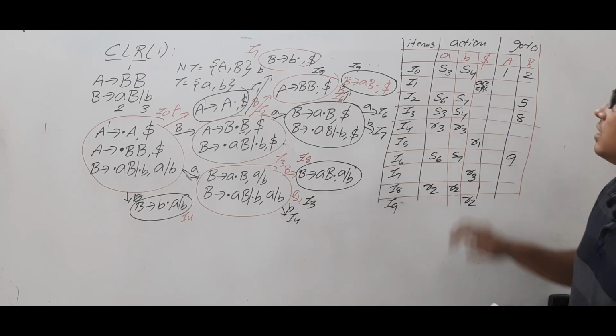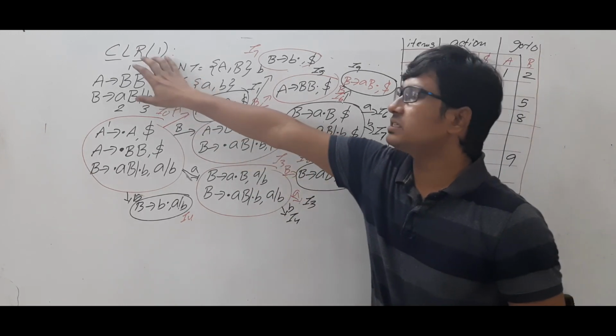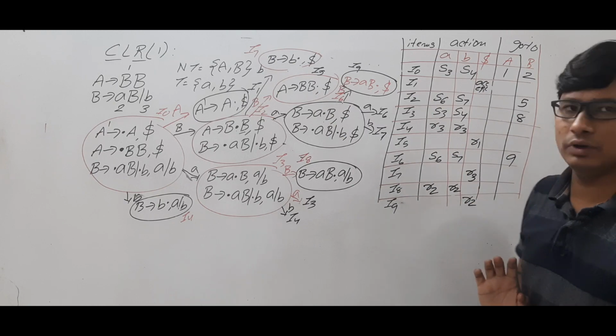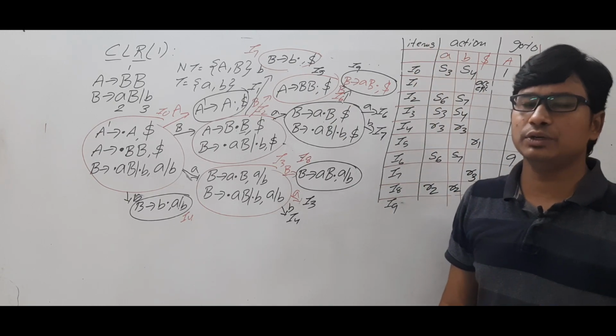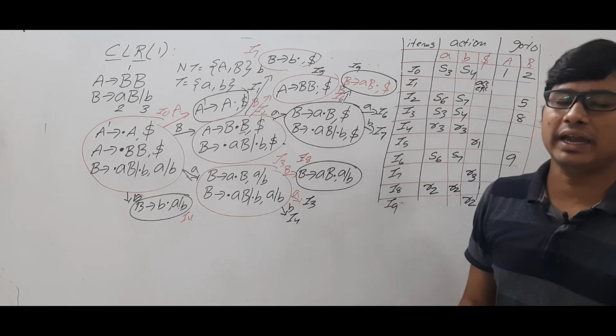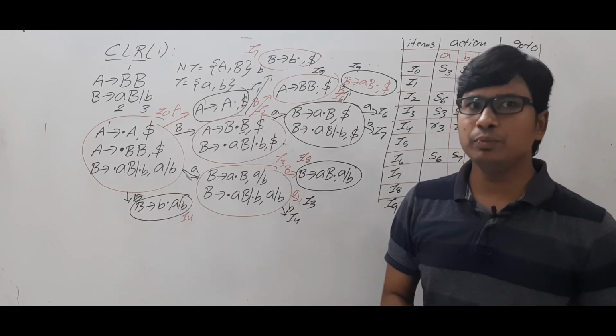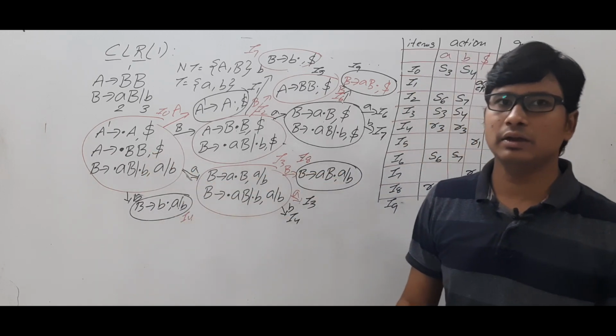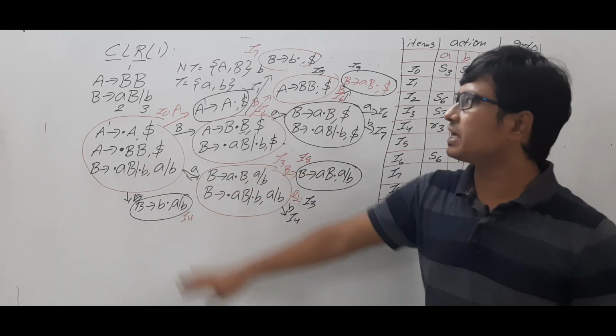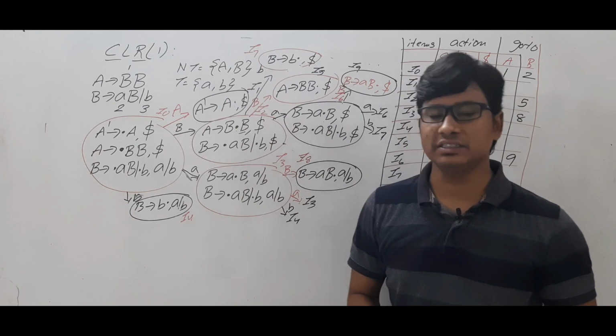So this is the CLR1 parsing table. We got extra items as compared to LR0 and SLR1. I hope you have understood with this example how to construct the LR1 items and CLR1 parsing table.